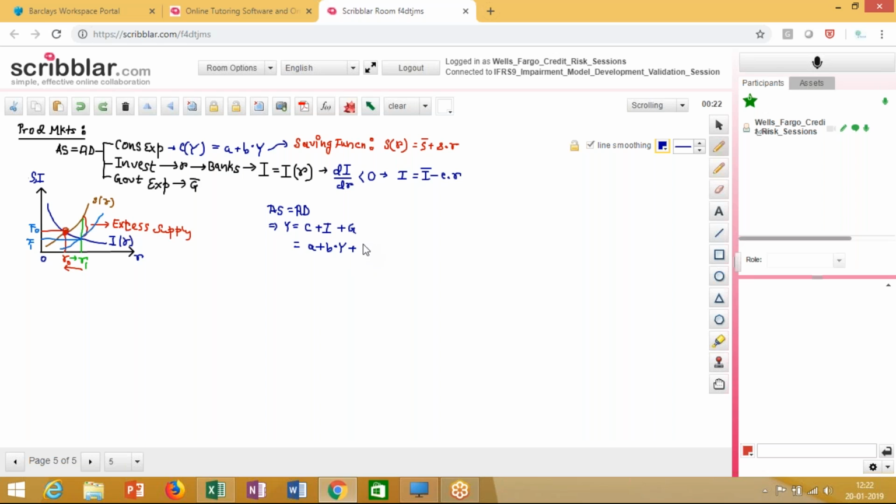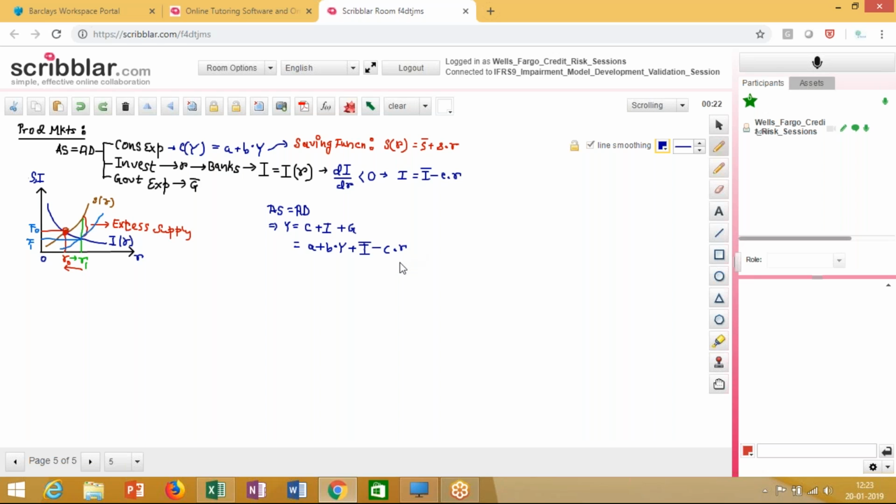So the next part is the investment, right? In the investments, what you can see is that I bar is the autonomous investment which is done.